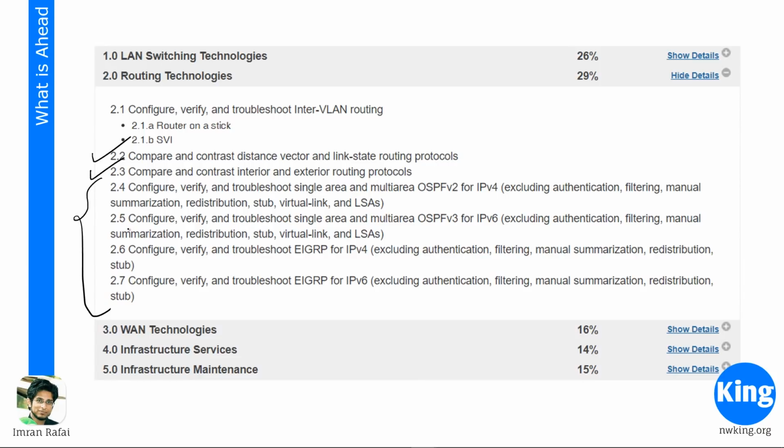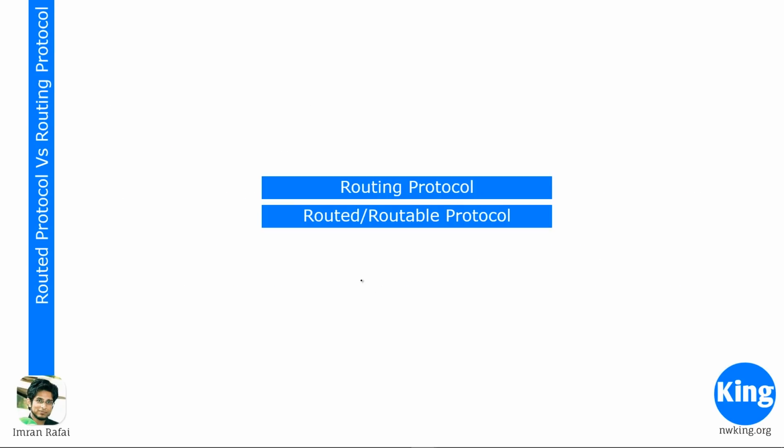Like I said, that is going to be our core: OSPF version 2, version 3, EIGRP for IPv4 and EIGRP for IPv6. It's one of the most requested topics in our entire series here. So without wasting much time, let's get into today's video.